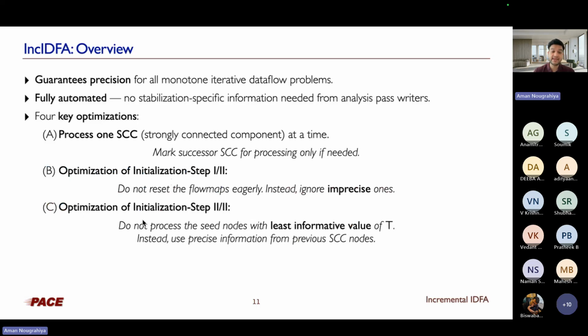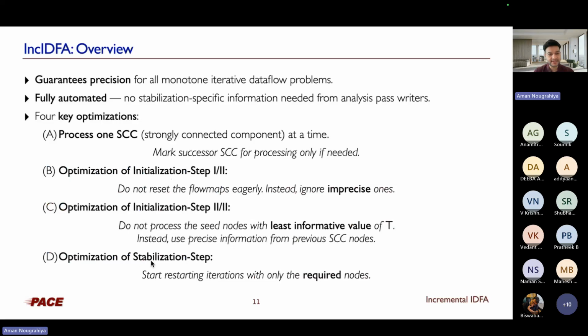Third optimization is that instead of processing the seed nodes with no correct information, or rather no safe information, we will do some other changes so that we are starting with some non least informative value when we perform the initialization step. And finally, in the stabilization step, we will reduce the number of nodes with which we are restarting the iterations, again with an aim to eventually process lesser number of nodes and reach the fixed point faster.